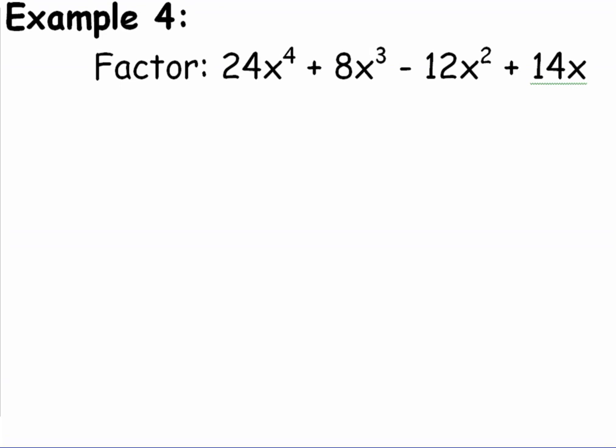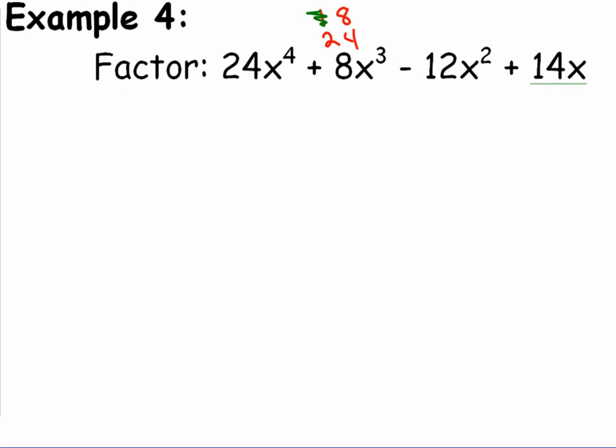So now I'm looking at 24, 8, 12, and 14. Well, I know that I'm going to go to my smallest number, which is 8. Smaller numbers usually are going to have less factors. So I know this one is 1 and 8. I know this one is 2 and 4. If I'm looking at those, I know that 1 goes into everything, but it's not my greatest factor.